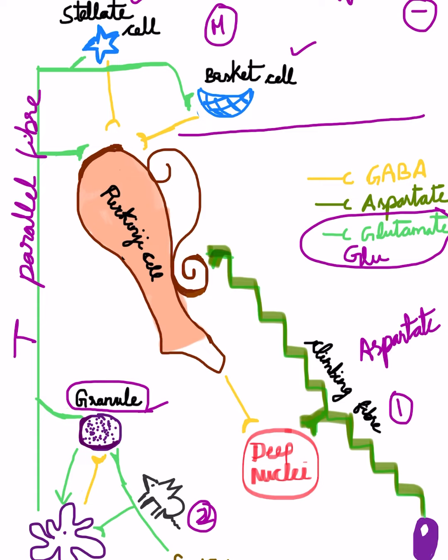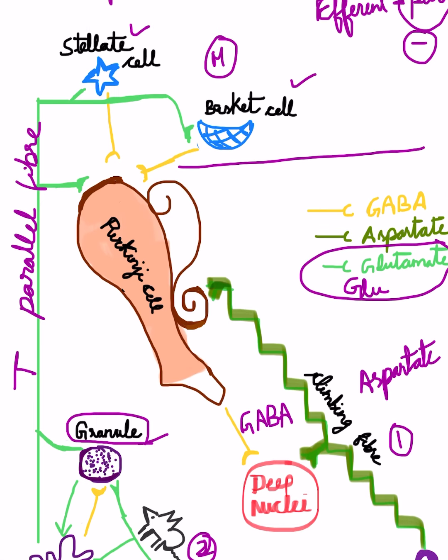Once the Purkinje cell is activated with the help of the granule cell, it sends an inhibitory output. The inhibitory neurotransmitter is GABA. GABA is sent to the deep cerebellar nuclei. Inhibitory impulses also come from the stellate cells and basket cells, which relay on the Purkinje cell.